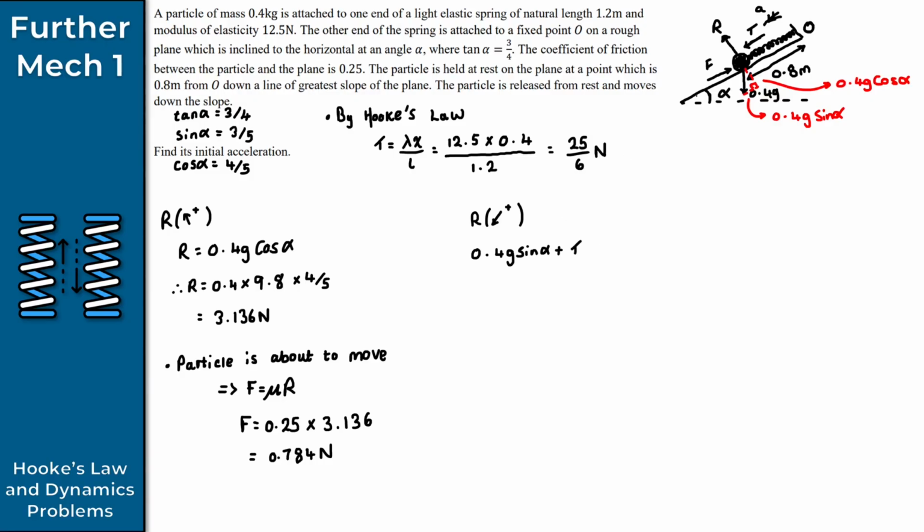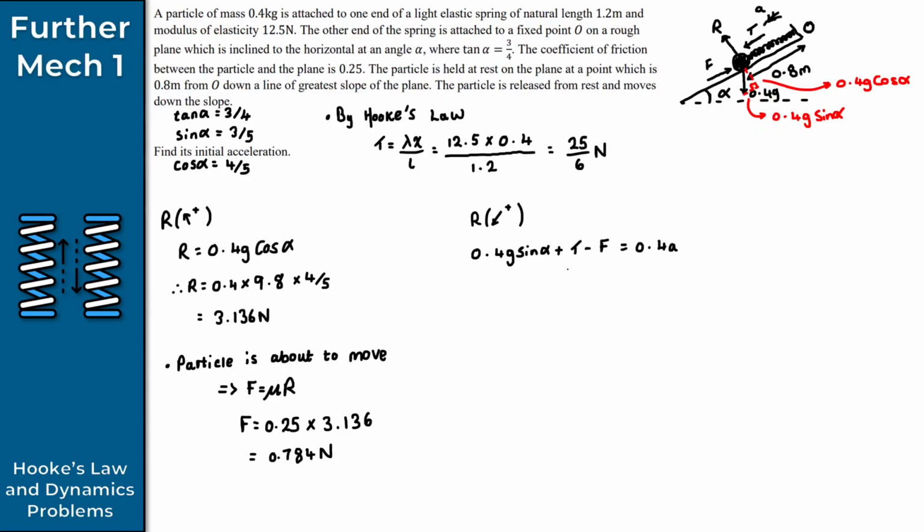Going in the opposite direction now, we have friction, right? So minus F here, like so. And this is equal to the mass times the acceleration. So the mass here is 0.4 times by the acceleration, which we don't know what it is, right? That's what we're looking to solve for here. So 0.4 A.